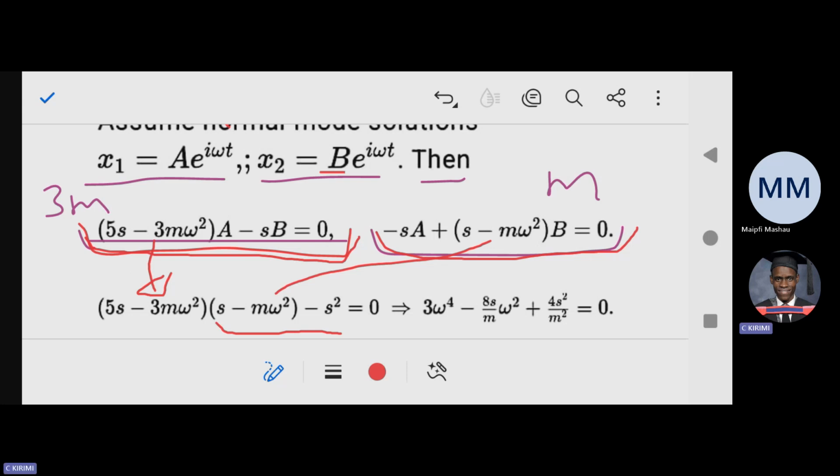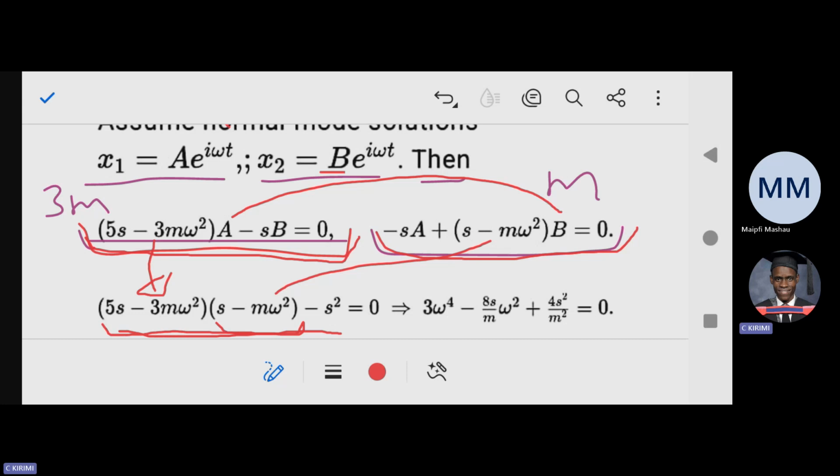So a and b vanish. A and b are gone. Then what I'm left with are these two brackets. You do the same. Minus sb and minus sa. So which means s times s, which is s squared.